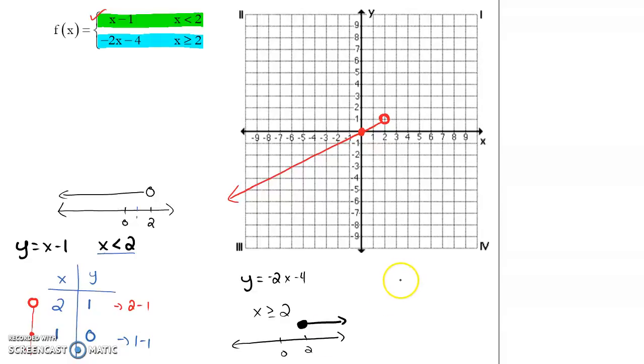Really important. Because I come up with my table of values to graph this function, 2 is the number in the inequality. That's the only number I have to choose. The next one, I get to pick. It has to be a solution, because 1 is not a solution.